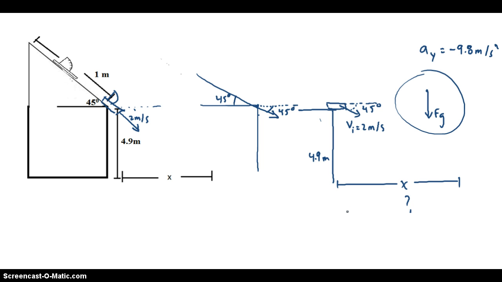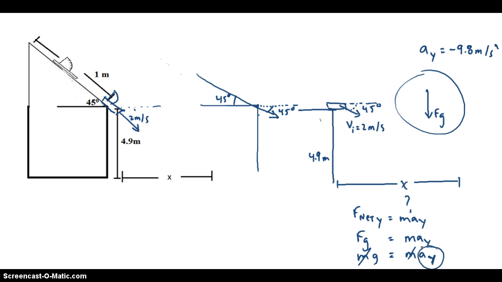You can actually show this if you say F net y is equal to ma. The only force in the y direction is the force of gravity, so force of gravity is ma. Now our definition for force of gravity is mass times gravity. Look what happens to our mass on both sides.